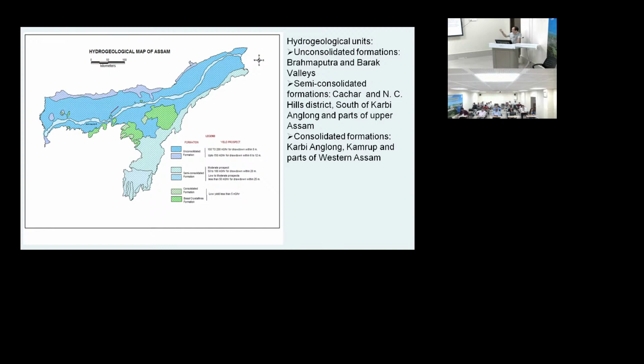Hydrogeologically, Assam can be classified into unconsolidated, semi-consolidated, and consolidated formations. The majority is covered by unconsolidated formation, as shown in this map, mainly in the Brahmaputra and Barak Valleys. Semi-consolidated formation is mainly in Cachar and North Cachar Hills district, south of Karbi Anglong and parts of Upper Assam, and consolidated formation in Karbi Anglong, Kamrup and parts of Western Assam.